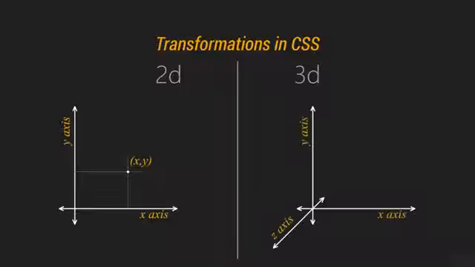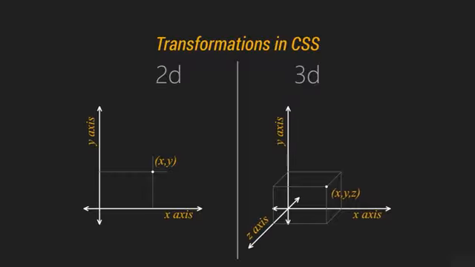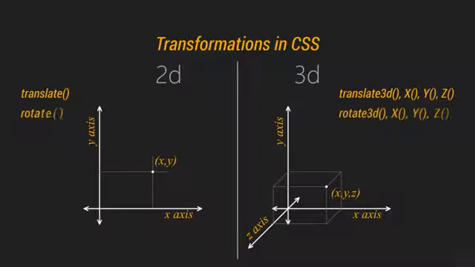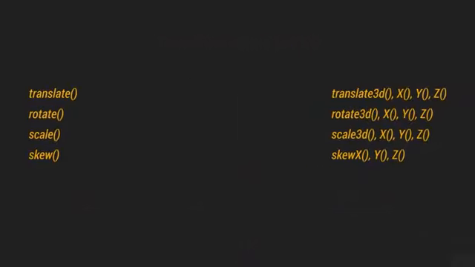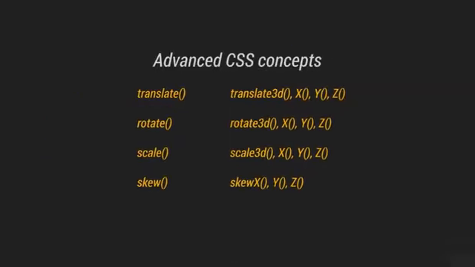So we will work with all the three axes for creating a 3D shape. Both of these transformations share similar methods and functions for creating 2D and 3D shapes. All these are considered as advanced CSS concepts, which we will now learn in this section.